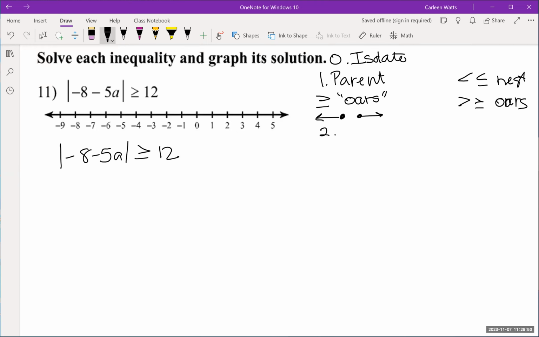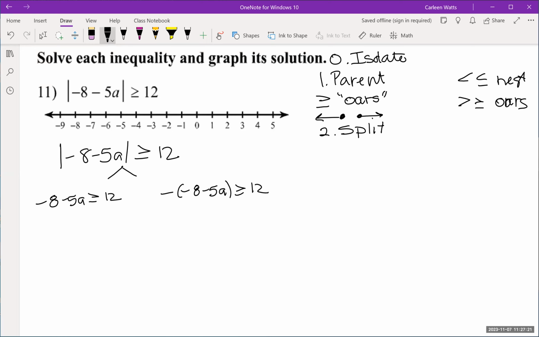So the next step is split. So I have -8 minus 5a greater than or equal to 12, and I have the opposite of that. Are we good?